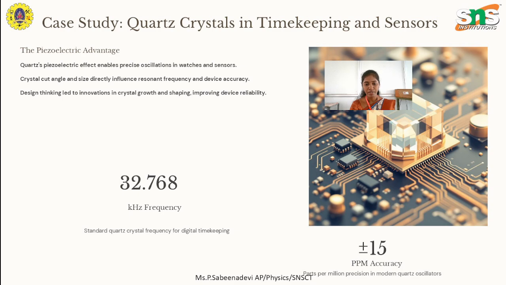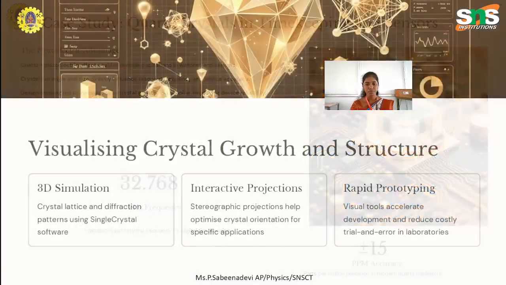The standard quartz crystal frequency for digital timekeeping is 32.768 kilohertz, and after design thinking was applied to the material, it reaches plus or minus 15 ppm accuracy, the parts per million precision in modern quartz oscillators.